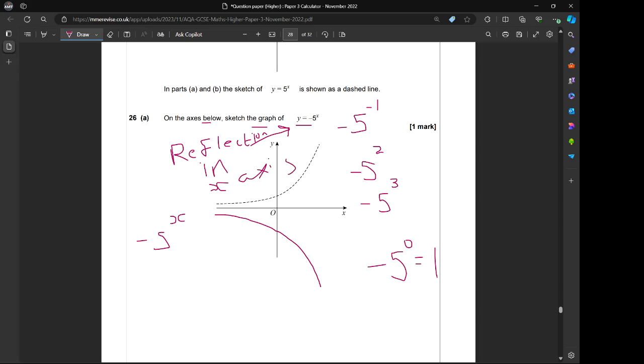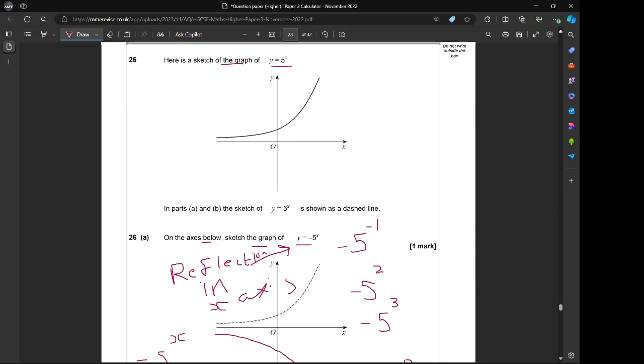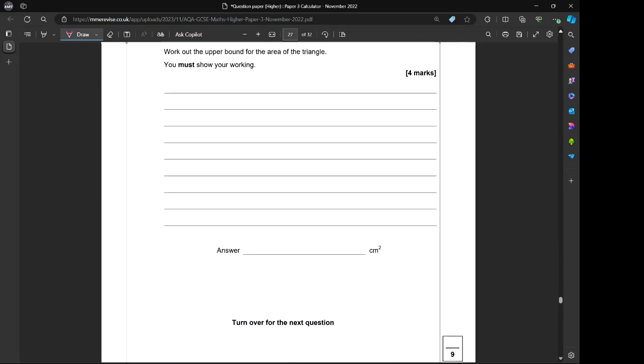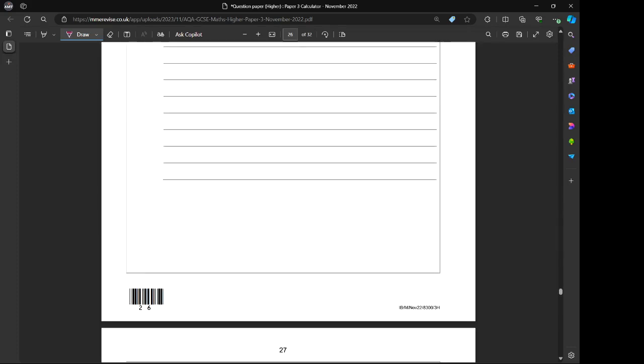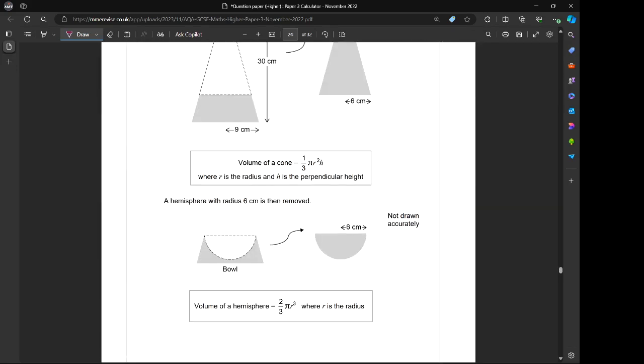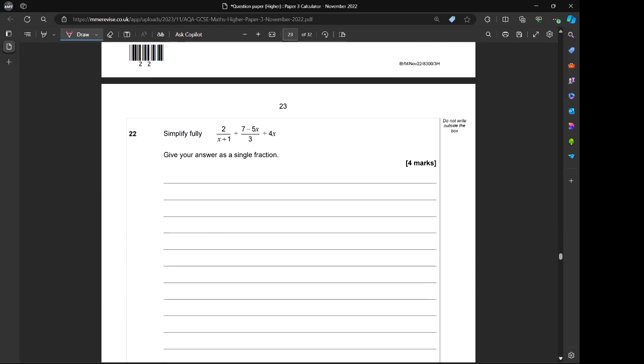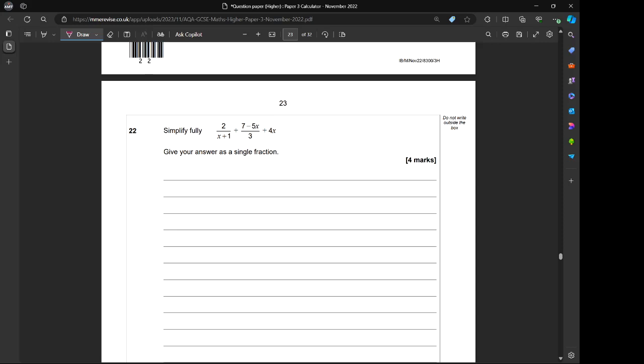Right, let us now try an algebraic fractions problem. Question 22: simplify fully this algebraic fraction.